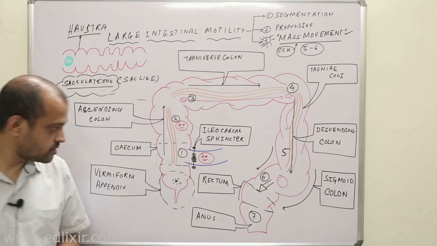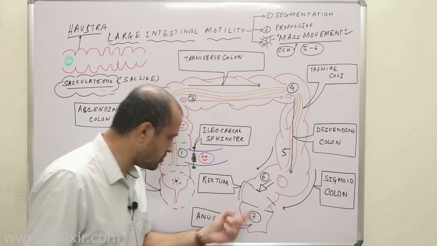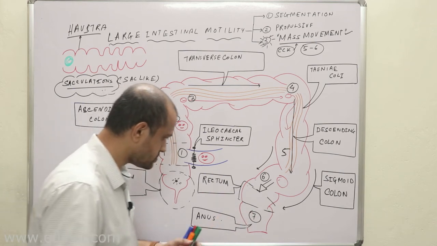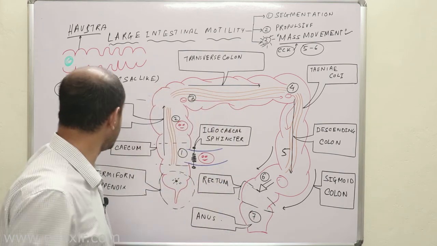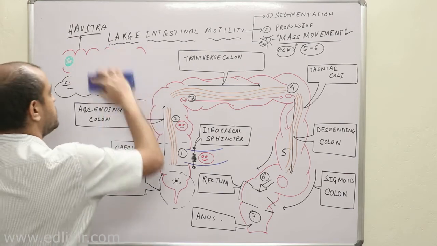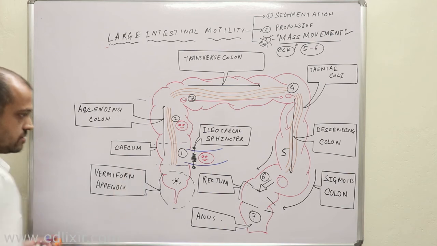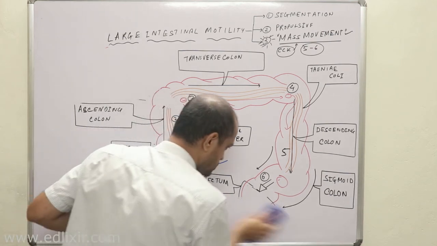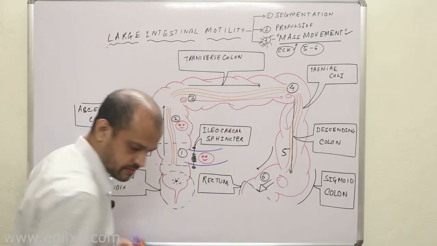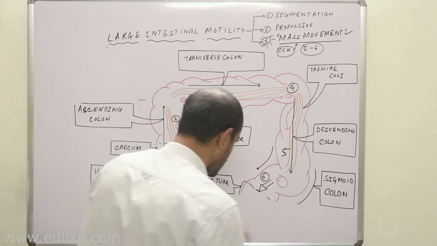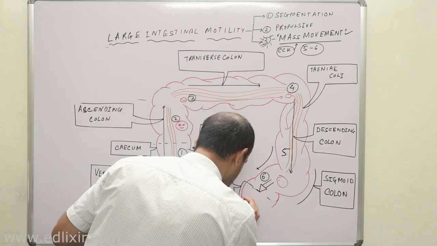Now an important point about the anus is this. Let me draw the anus here. Now let me draw the anus again so that I can make you all understand.